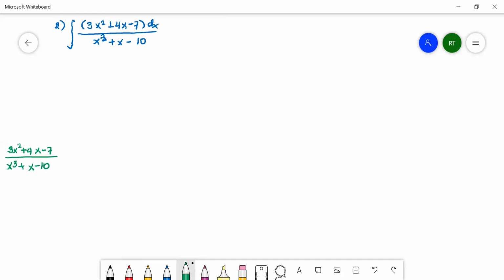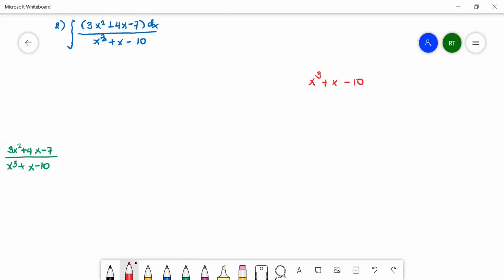We have to factor the denominator, and we can do synthetic division. Now please take note that the denominator has a missing term x squared. So let us write it here: x cubed plus x minus 10.